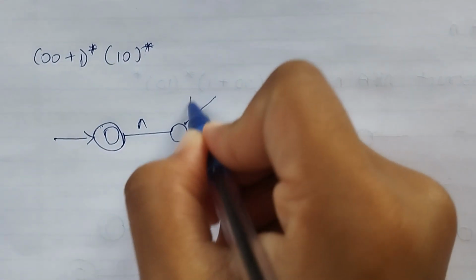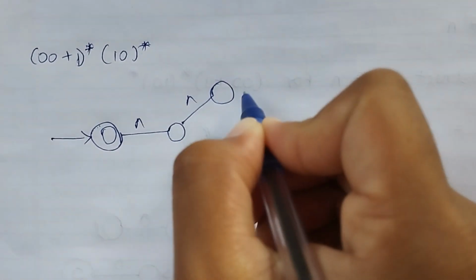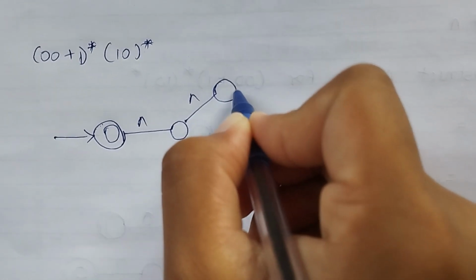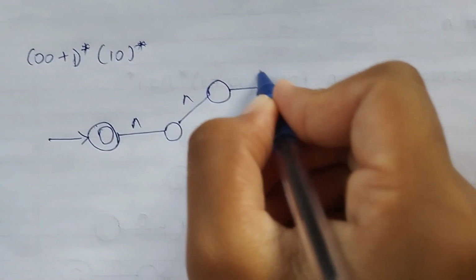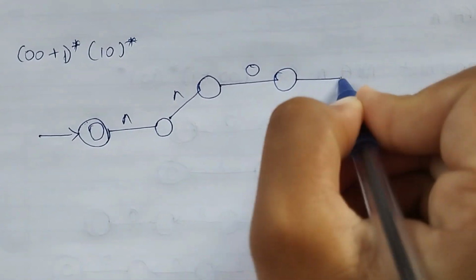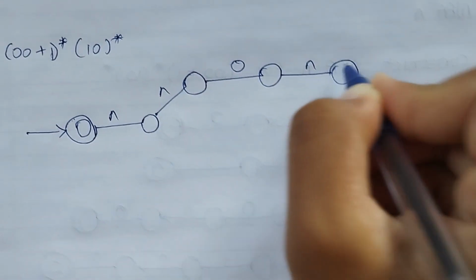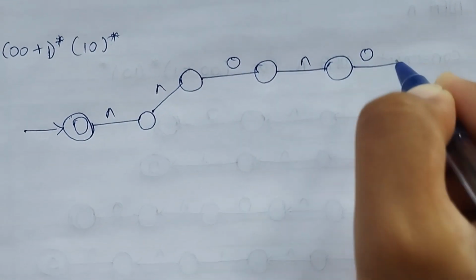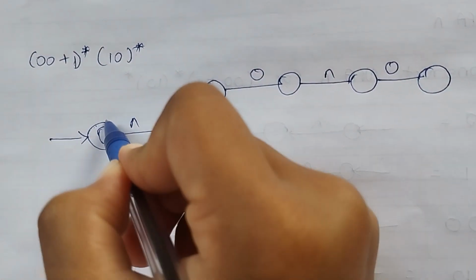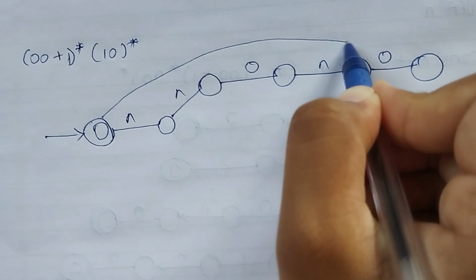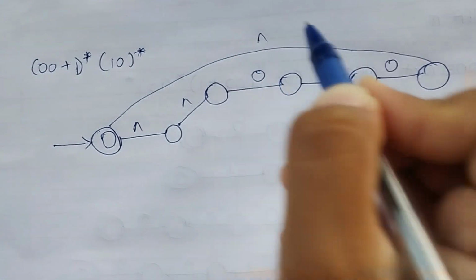plus 1. So here a null value is passed, then for this 0 0, so null 0, null, then 0, and here is the acceptance state which connects here through this null.